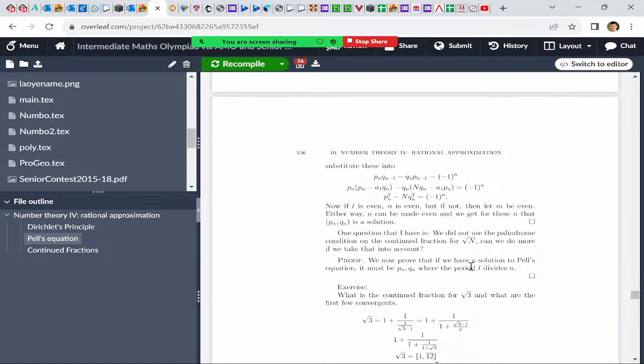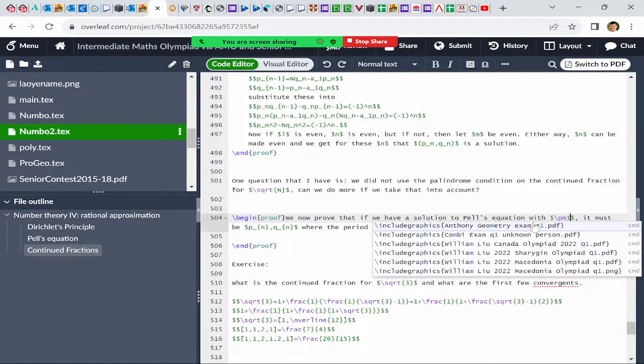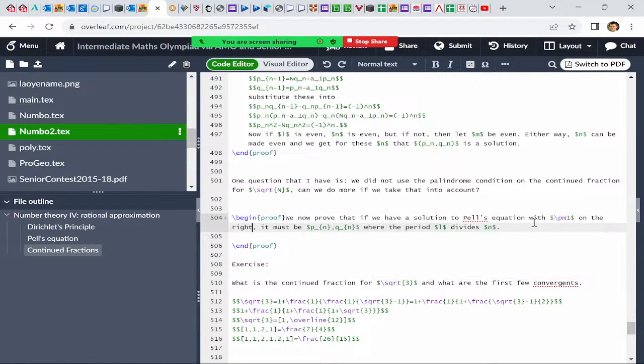Okay, so we now prove that if we have a solution to Pell's equation, then it must be Pn, Qn for the period divided.